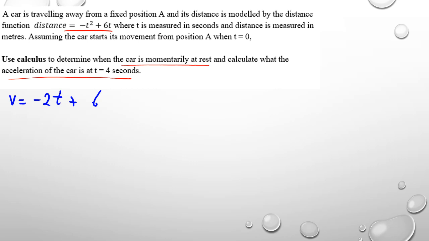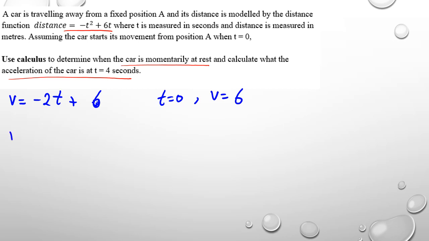So now when the car is at rest means t is equal to 0. If you substitute t equal to 0 in here, you get the velocity is 6. Now it says calculate the velocity of the car at t equal to 4 seconds.